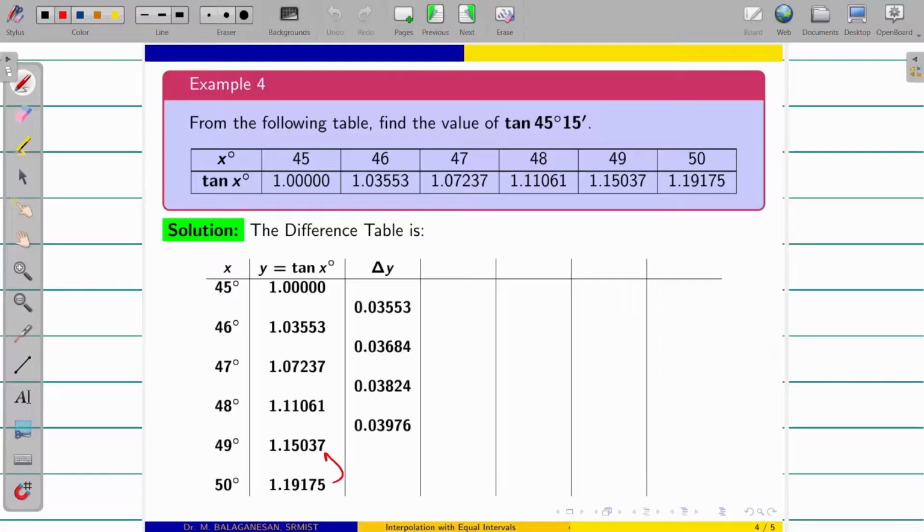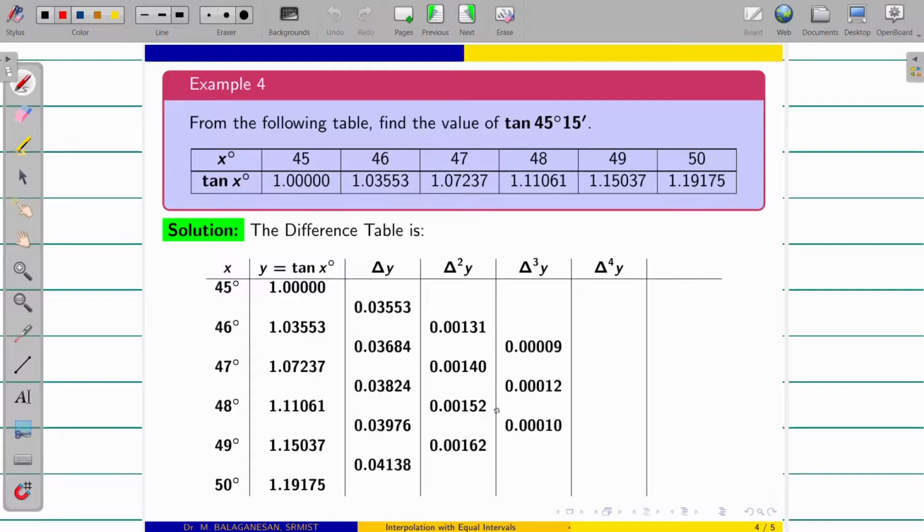Similarly, subtract the next value minus this value, we will get this. Similarly, proceed for the second difference, and then for the third difference also in the similar way. Find the fourth difference in the similar way.